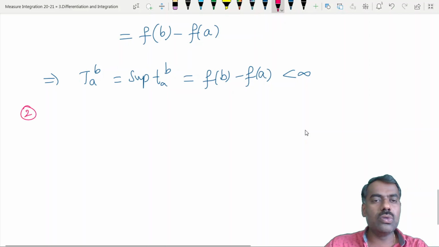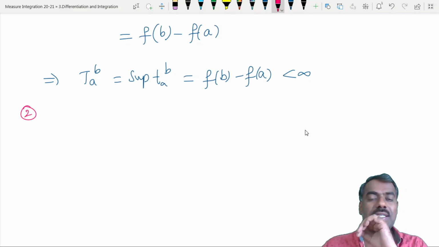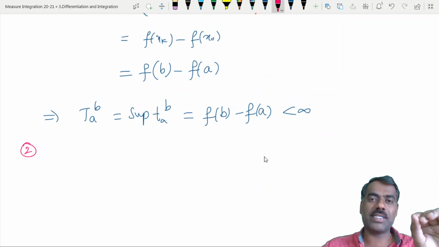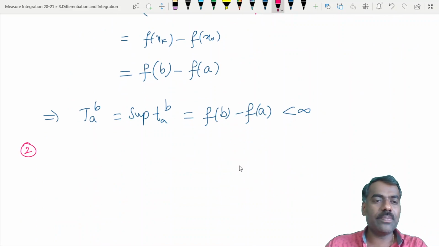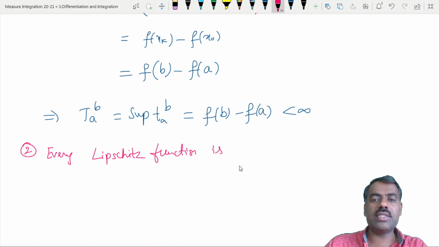Example 2. Suppose your function is a Lipschitz function which satisfies the Lipschitz condition. You know what is meant by a Lipschitz function. Every Lipschitz function is of bounded variation.